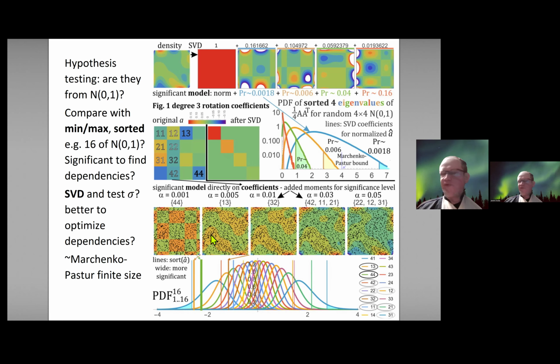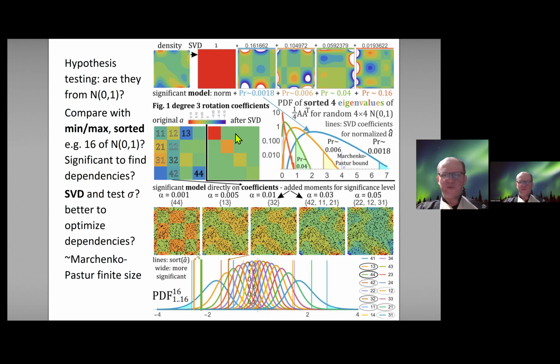We could also try to optimize the basis, because we started with just Legendre polynomials, so maybe some better basis would be more appropriate. We can do it by singular value decomposition of the coefficients, getting in this basis the succeeding contributions. Here are the values, and again, based on some chosen significance level, we can find the probability that a given value is significant or not.